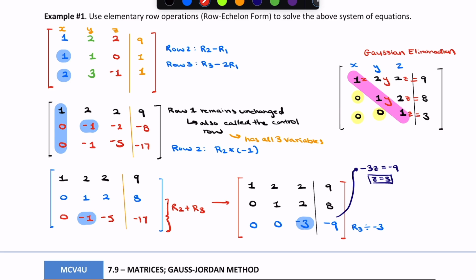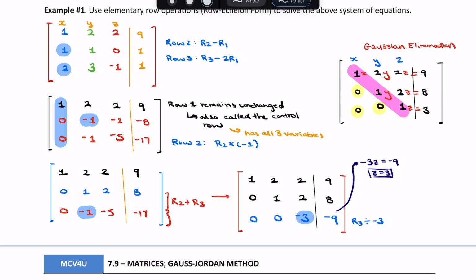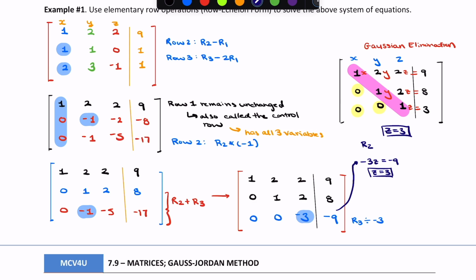Okay, so here, again, we know that z is equal to 3. So we found that from below as well. In row 2, here we can get that y plus 2 times z, which is 2 times 3, is equal to 8. And so y is equal to 2.